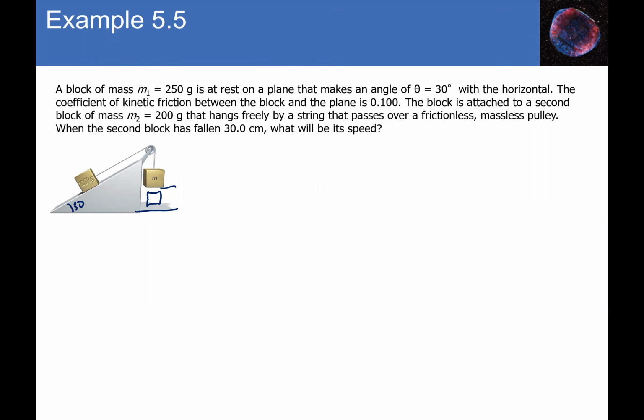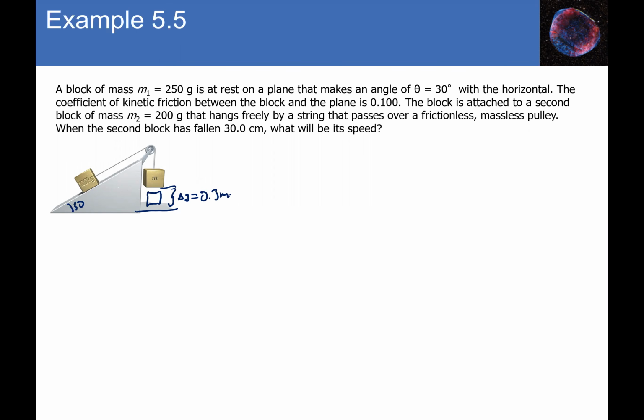That means we're given that it's going down by delta y of negative 0.3 meters, or we can take down to be the positive direction. We can also do that. But let's say the delta y here is 0.3 meters. We will actually take down as positive for this particular problem.